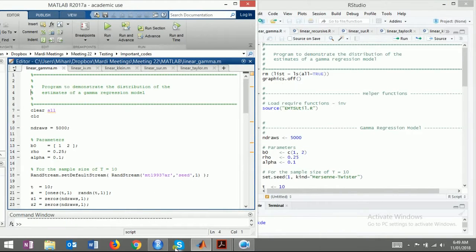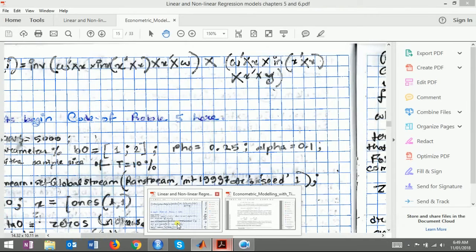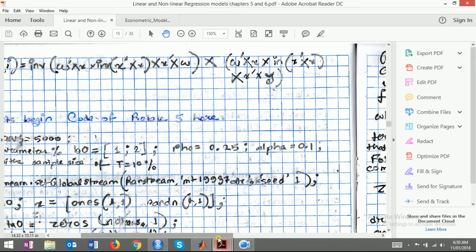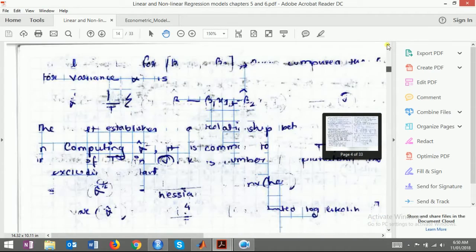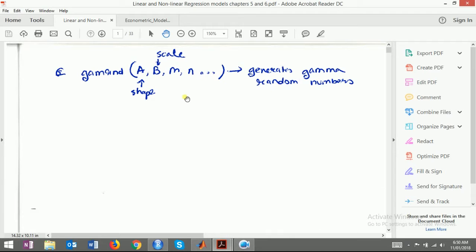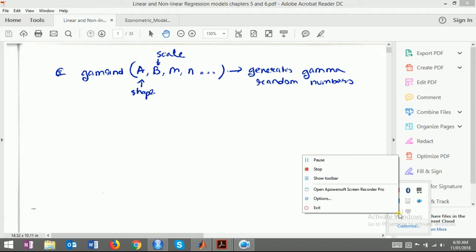First things first, we need to remember that in MATLAB the gamma random distribution function is gamrnd, where a is shape, b is scale, and it generates gamma random numbers. Right? Okay.